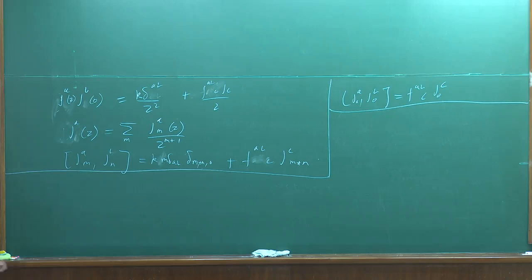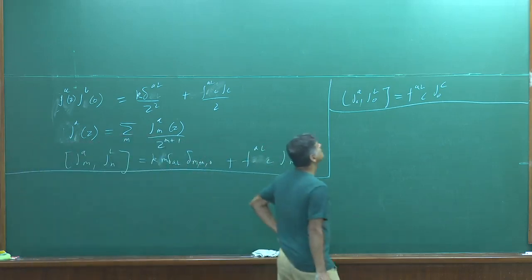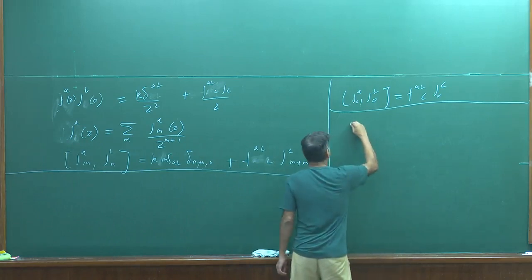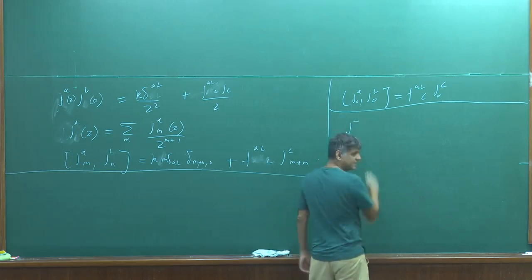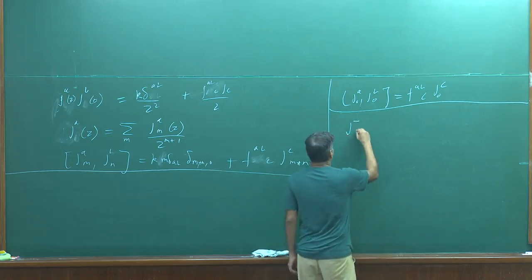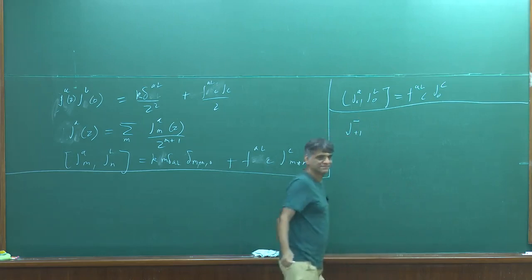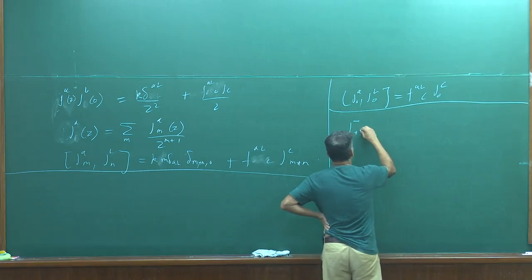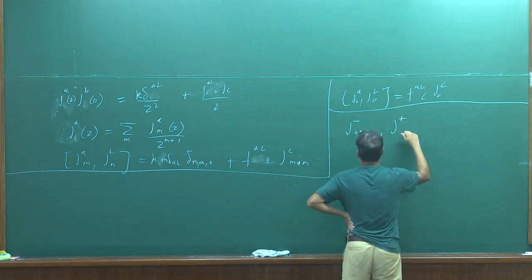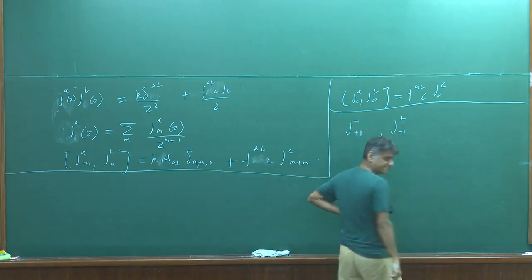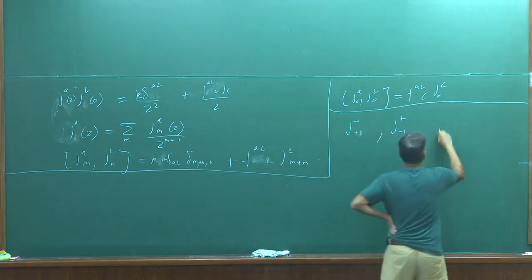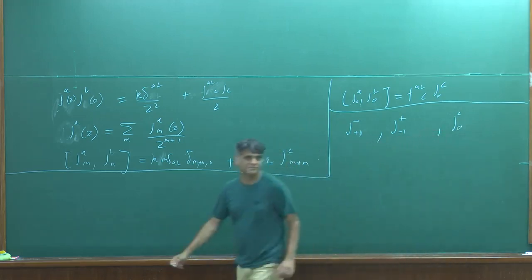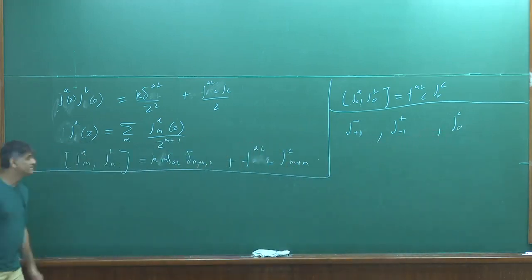So let me take the following generators: J minus with mode plus 1, J plus with mode minus 1, and Jz with mode 0.